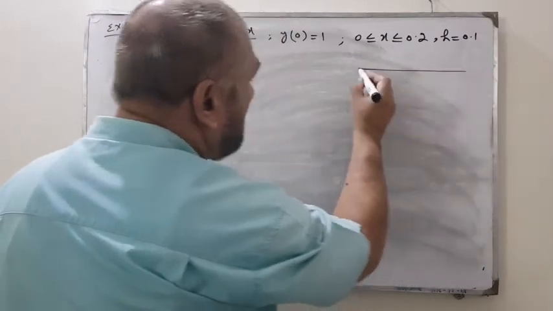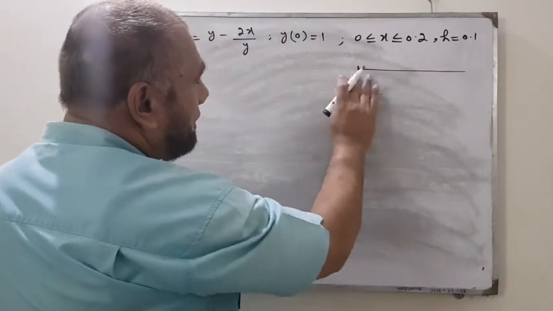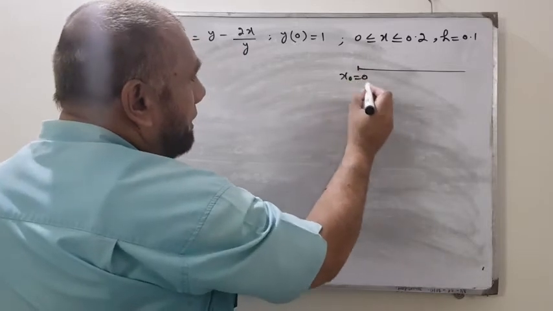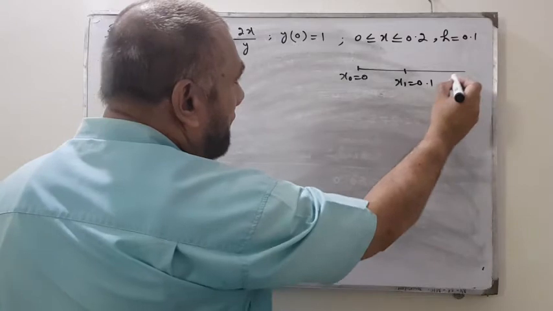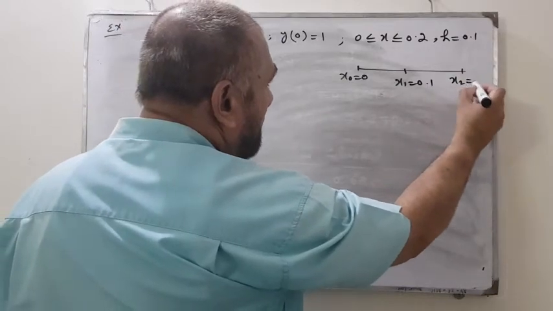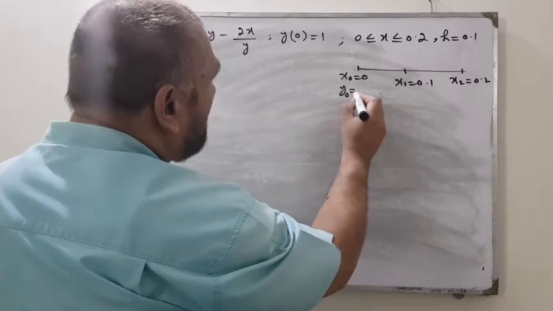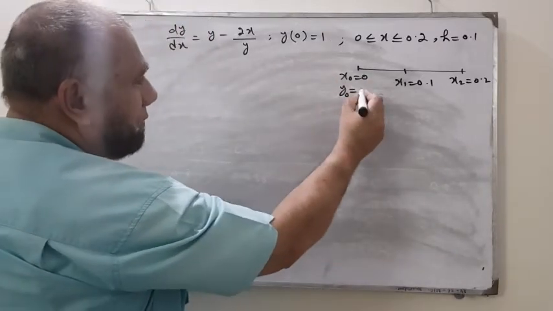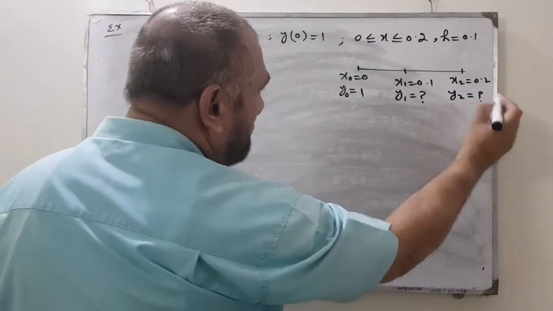If I draw it here, you have to start from 0. This is of course x0, then the first break will be at x1, which is 0.1, and then you have to reach the required place number 2. The initial value is given as 1, y1 you have to calculate, and y2 you also have to calculate.